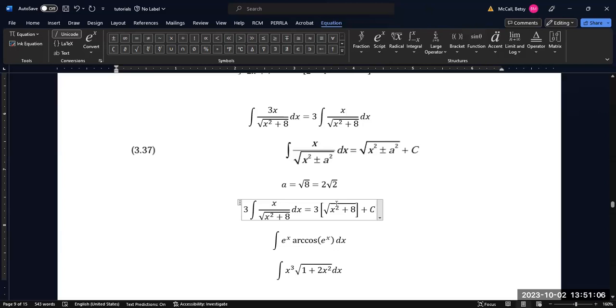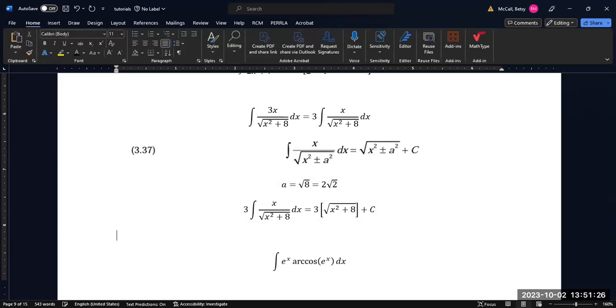And we don't end up getting an extra half or a 2 or anything like that, because the square root will give you a half when you take the derivative. And then when you take the derivative of the x squared, you get a 2x, and the 2 and the half will cancel. And same thing in the reverse order. So you end up with just this 3 as our main coefficient.